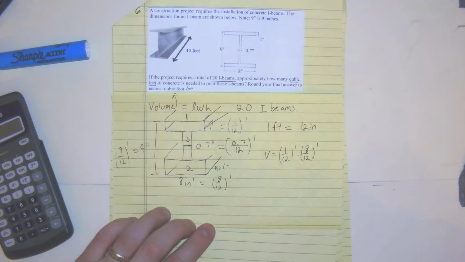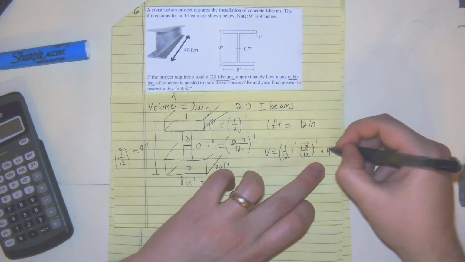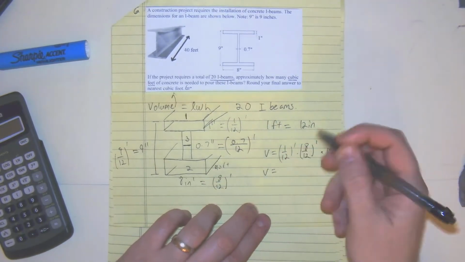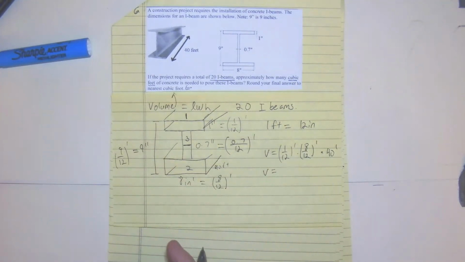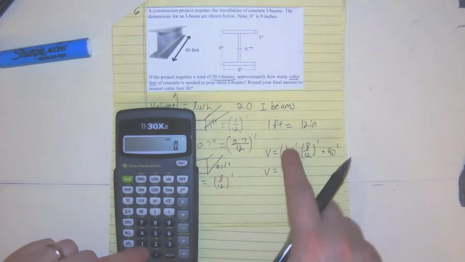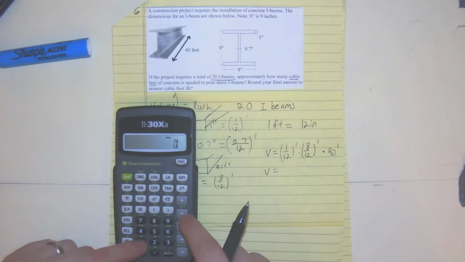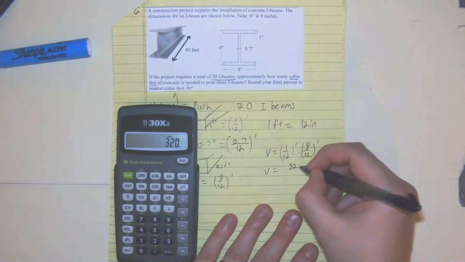And last we have the length, which is 40 feet. So what we're going to do for the volume here is find it and multiply it by 2. 1 times 8 times 40 gets you 320.